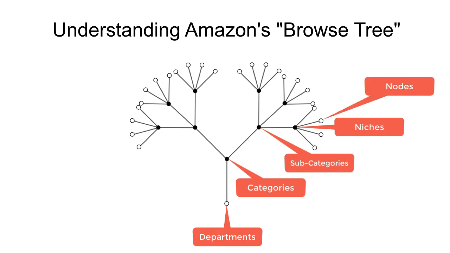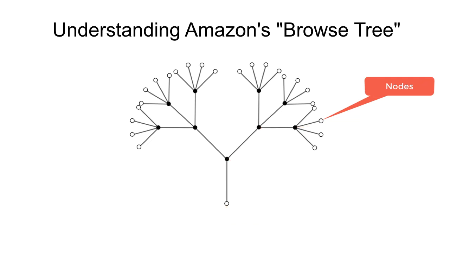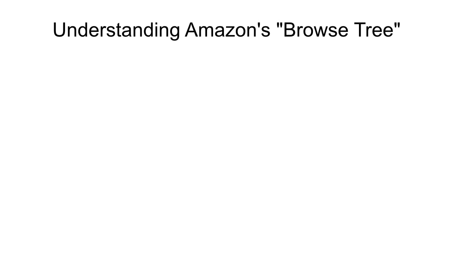Now, in a browse tree, what that means is that inside of it, the products live in the nodes. They don't live in the branches. They don't live in the trunks. If there's a product out there, it's classified in a node, just like a leaf on the end of a tree.